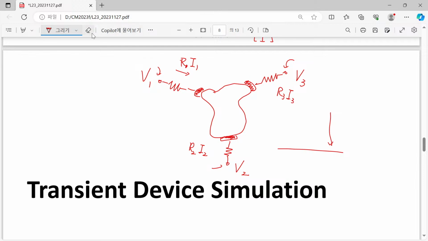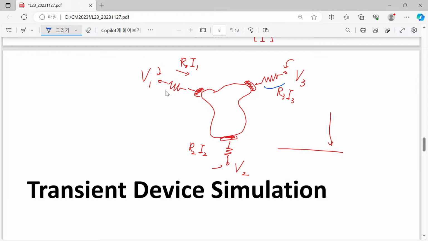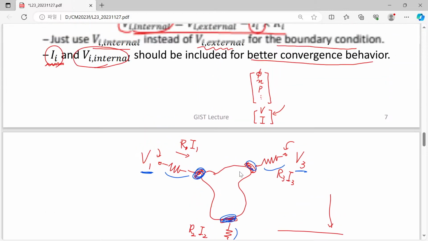There will be a certain voltage drop across each of them, and the internal voltages will differ from these external ones. Okay, that was the result of our discussion in this part.